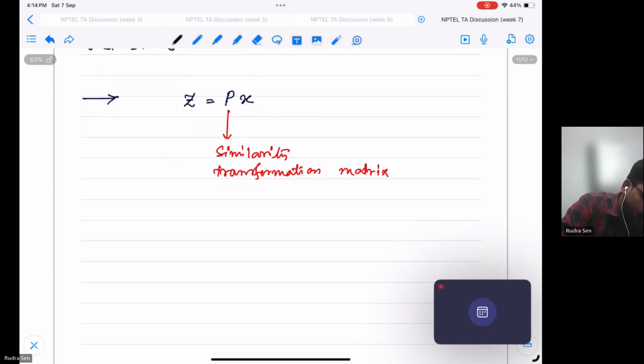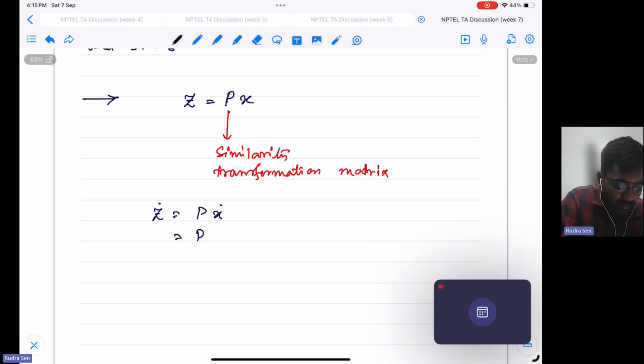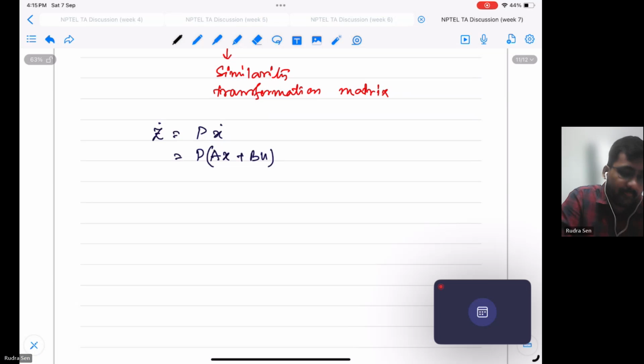Taking the derivative with respect to time, we get z dot equals P x dot, so this is P into (Ax plus Bu). Okay, this is the u that I have to choose.